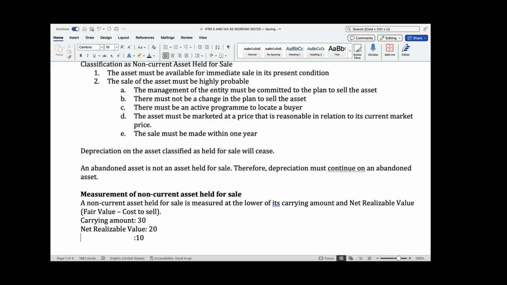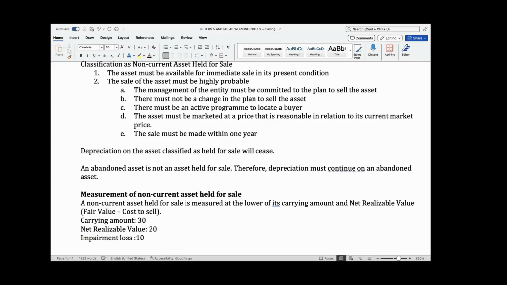Anybody? You can call it impairment. Thank you very much, Yusuf. Impairment loss. That's correct and apt.